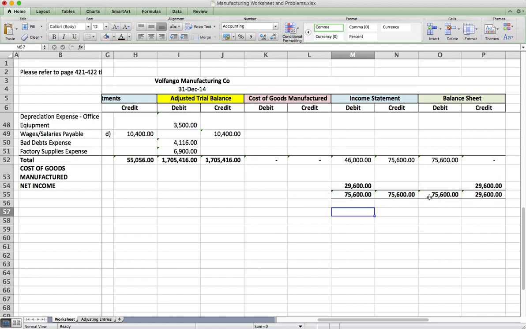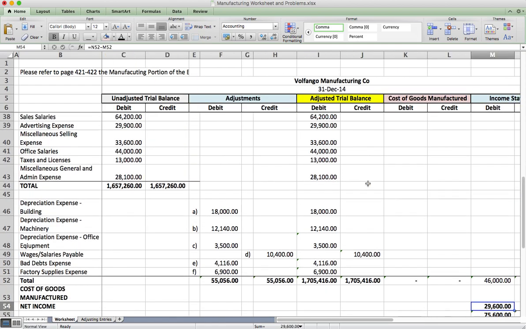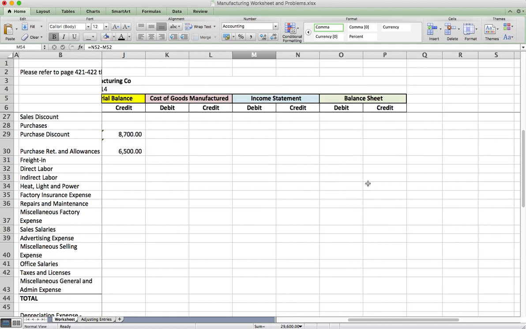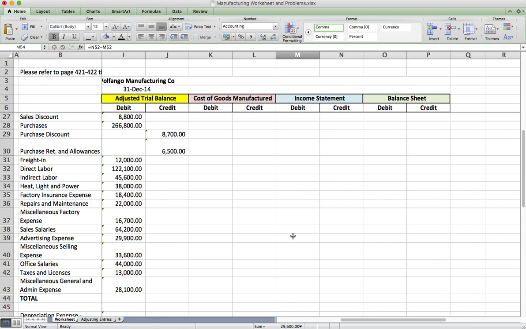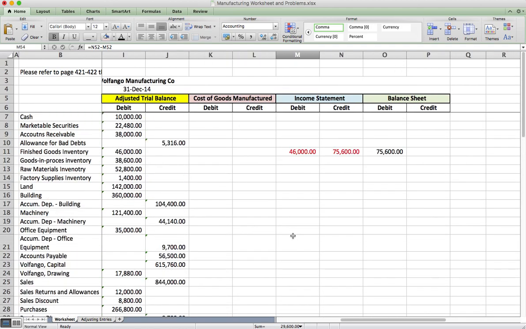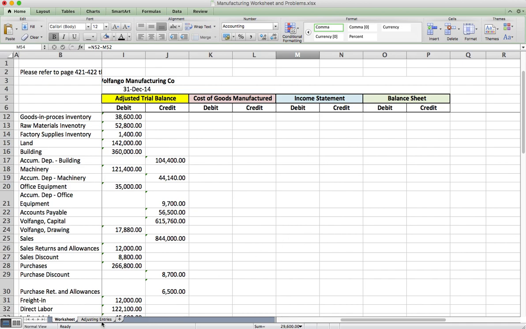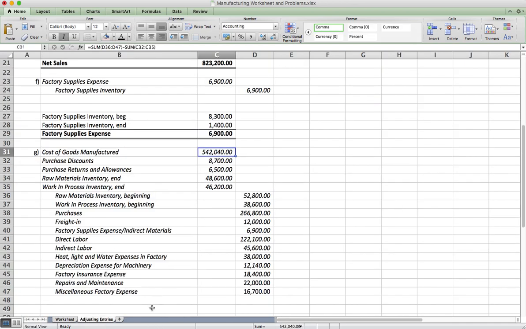So, hindi mo naman ito pansinin, ha? Okay, now, let's go to cost of goods manufactured. Dito tayo tingin sa adjusted trial balance. Ano yung mga entry? Magkano yung cost of goods manufactured? 542,040. Pero mamaya ko yan ilalagay.